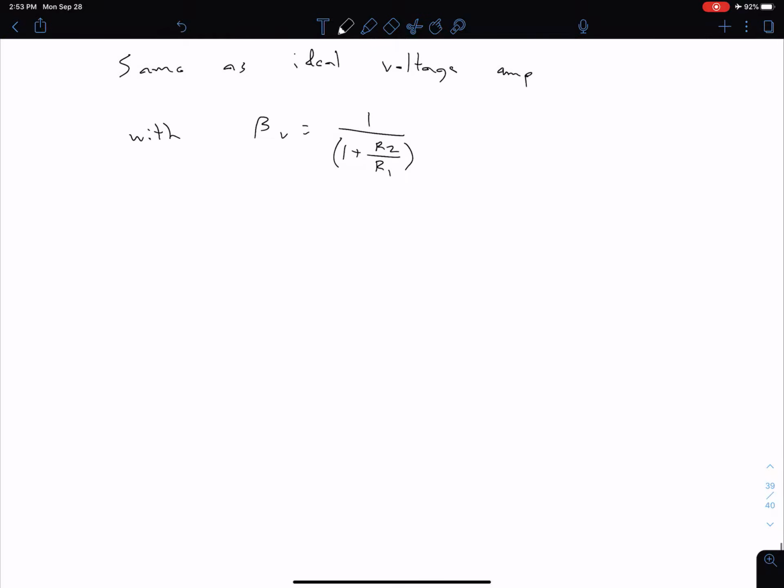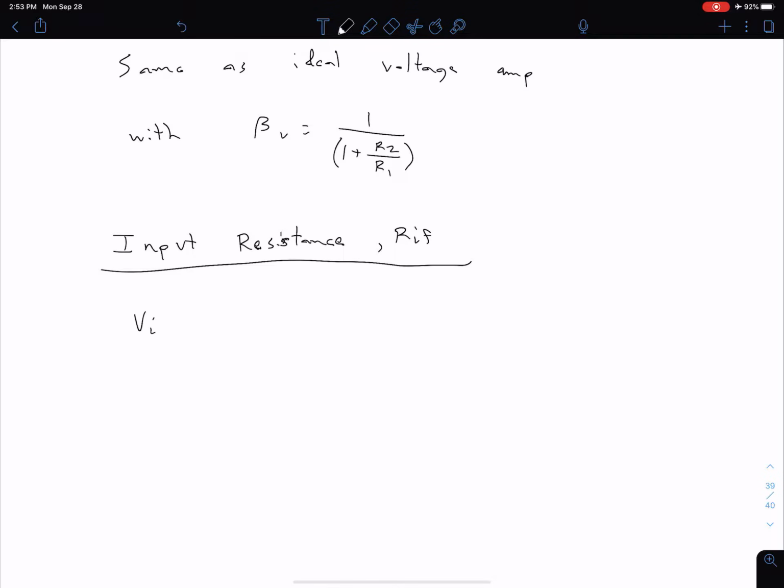So one other thing we want to look at really quickly is our input resistance. When I say input resistance, I'm talking about our input resistance with feedback. So that was our R sub IF. And so let's start with what we had before. We said our input voltage is equal to our error voltage plus our feedback voltage.